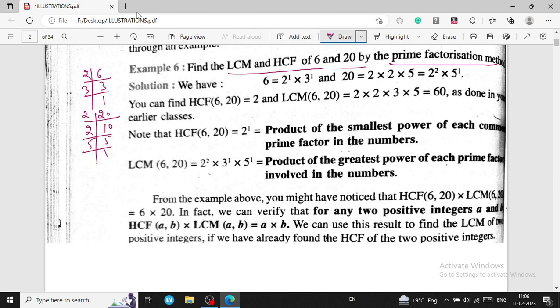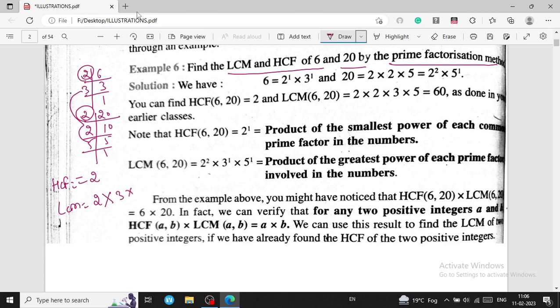Here you can see 2 will be taken common, that is the HCF. For the LCM, 2 will be taken common and multiplied with the rest of the remaining numbers.